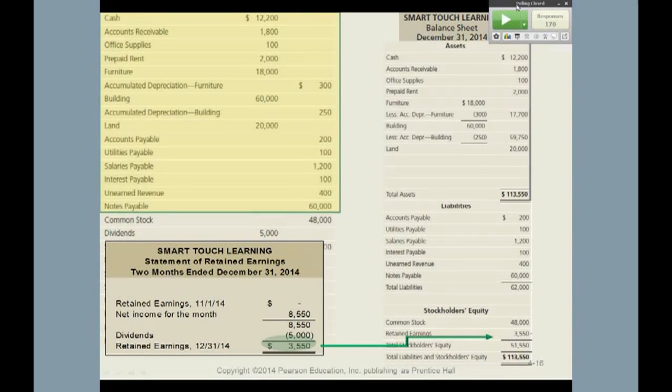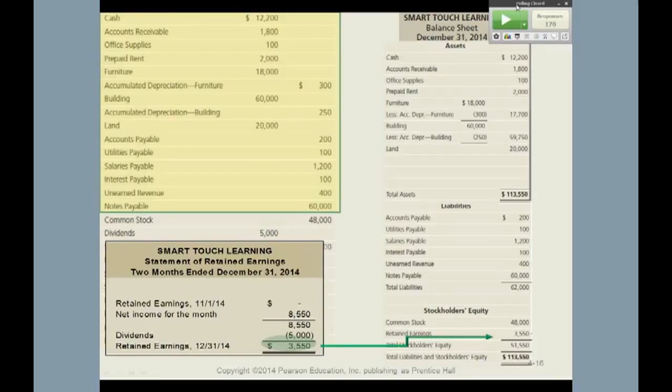One, this is showing you the transfer or the articulation of the retained earnings account into the balance sheet. Now, this is what you would consider to be an unclassified balance sheet, and it is going to be what we would look at as a report form. It's a report form where the assets are stacked above the liabilities and the stockholders' equity. So this is going to be a report form, but it's unclassified.